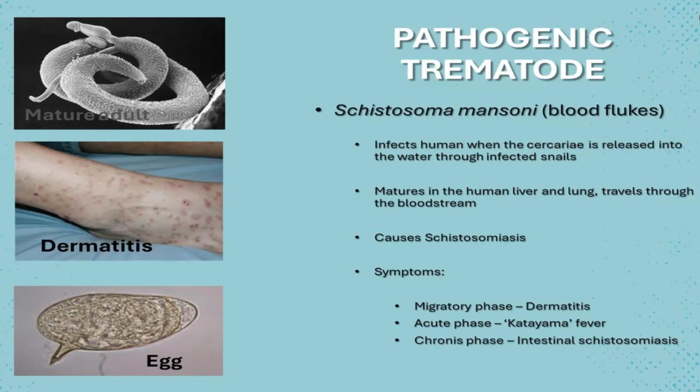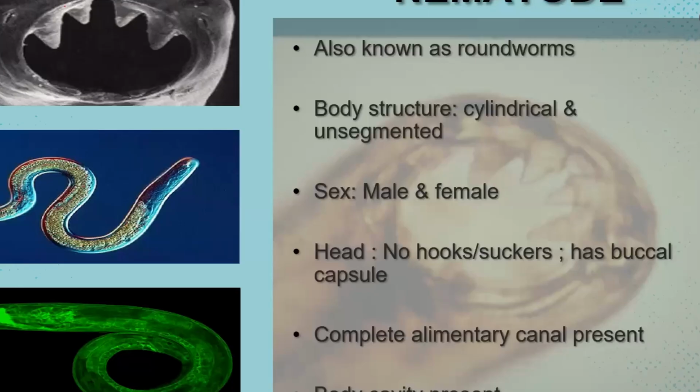The symptoms: the migratory phase is dermatitis, during the acute phase Katayama fever, and the chronic phase is intestinal schistosomiasis. Next.